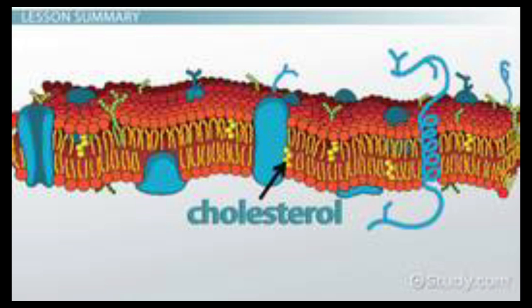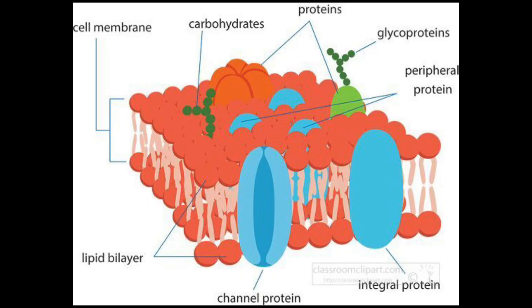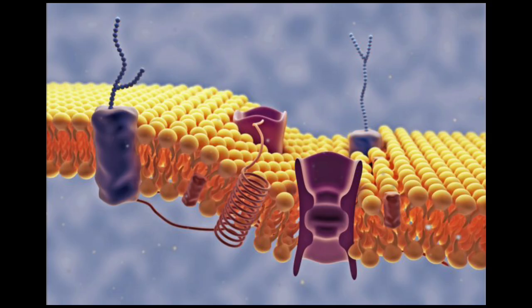The other component of the cell membrane is carbohydrate. Carbohydrates attached to proteins form glycoproteins, and those attached to lipids form glycolipids, on the extracellular surface of the cell membrane. The function of carbohydrates is cell recognition and communication.